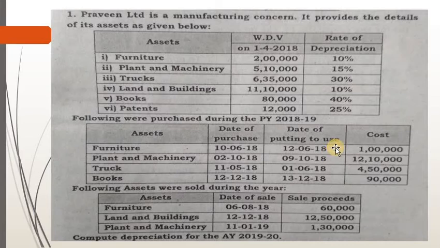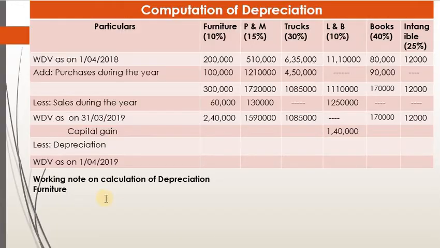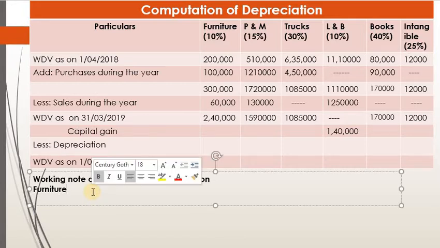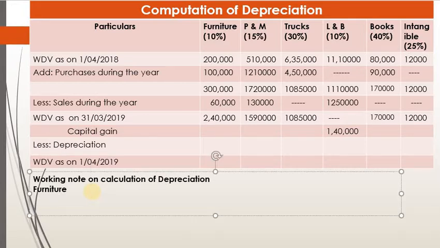So 12/6/2018 to 31st March 2019 is more than 180 days. So there is no question of 50% of the rate of depreciation. We can charge full depreciation here. So 2,40,000 is the written down value, 2,40,000 into the rate of depreciation given here, 10%.